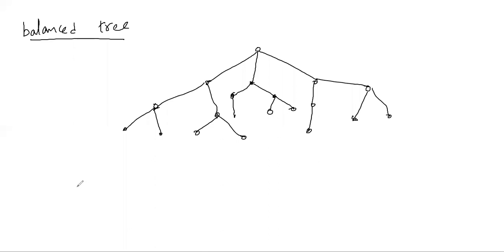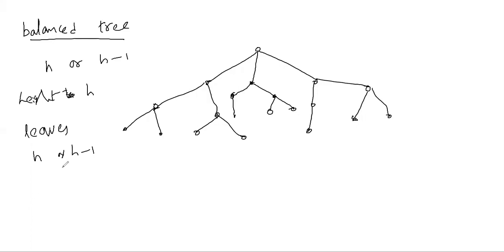So now, what does a balanced tree mean? Listen, a very straightforward definition. A balanced tree is nothing but: if the tree has height h, for an m-ary tree, then all leaves will be at height h or h minus 1.